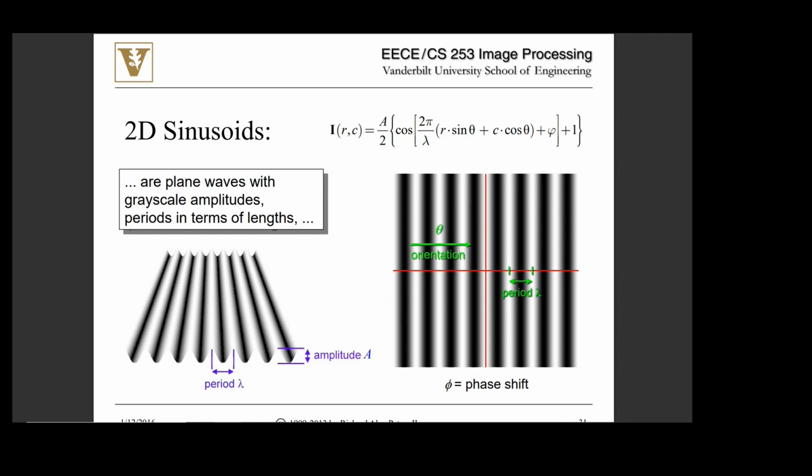So the distance between two minima is also lambda. And because we now have two frequencies, we have a frequency in x, this is omega x times x, and omega y times y.